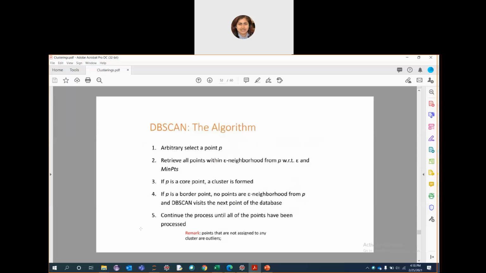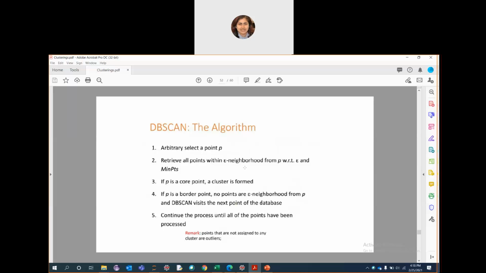If we look into it in more detail, these are the steps for the algorithm. Arbitrarily select any point in the data set. Then first retrieve all the points in the epsilon neighborhood. Here you need to consider both the parameters, the epsilon as well as the minimum points, and this is something you need to assume initially for your analysis.